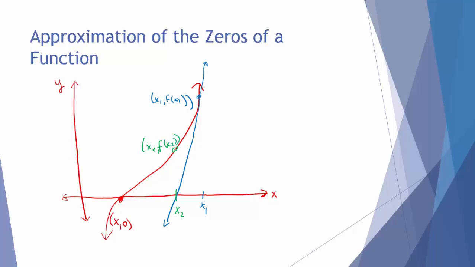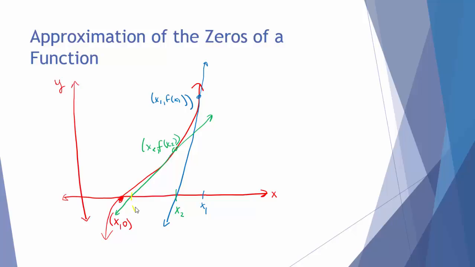And you find the tangent line at that point. Well, notice that is going to bring it a lot closer. If we do the process over again and we find the x-intercept of that tangent line, notice how much closer we're getting to the actual 0 that we're trying to approximate.